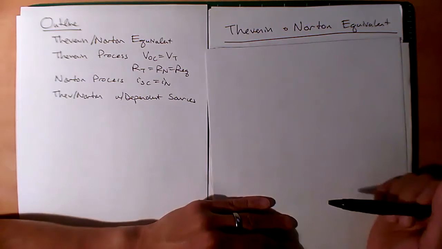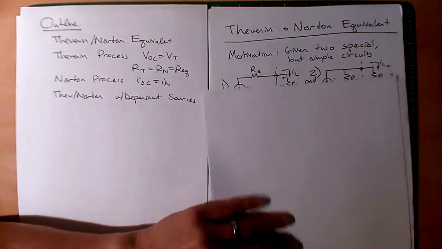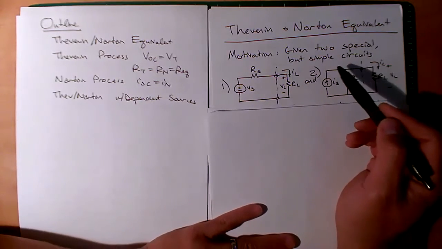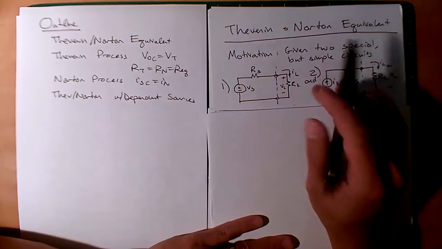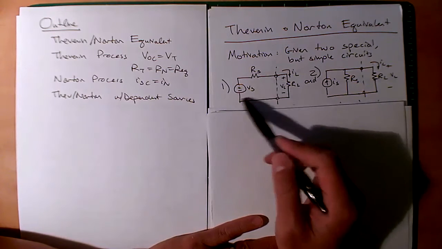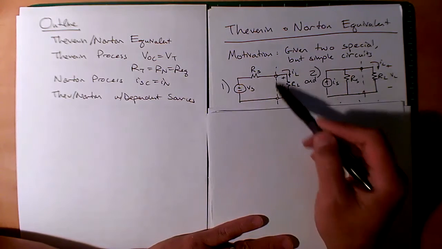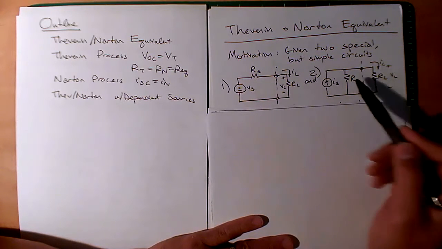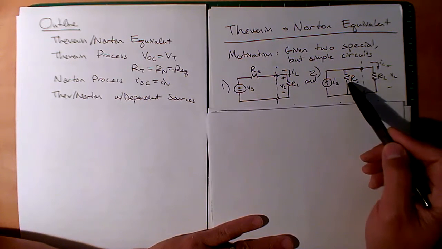Okay, so let's look at a motivating example. Let's say we have two special but simple circuits. Notice how easy the left side is on both of these, left of the dotted lines. It's just a voltage source and a resistor in series, or a current source and a resistor in parallel.